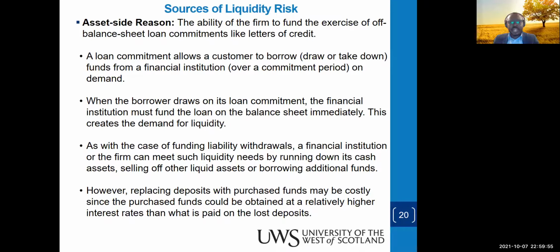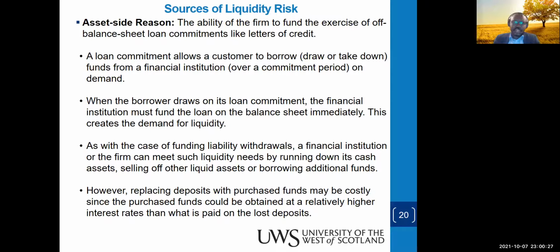Now, this one occurs where the ability of the firm or the bank to fund the exercise of off-balance sheet items is a problem. So, like I said, liquidity risk is quite different from credit risk because it is more holistic. It looks at both on-balance sheet and off-balance sheet items. So, the asset side, where maybe the company, the bank, ability to fund off-balance sheet commitments could pose a problem to them.